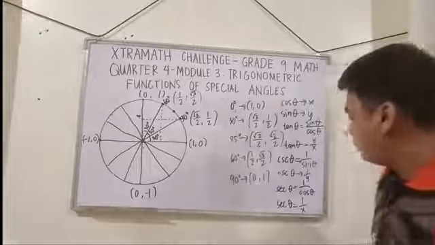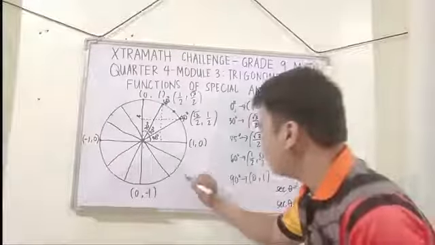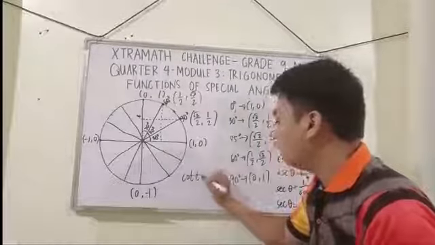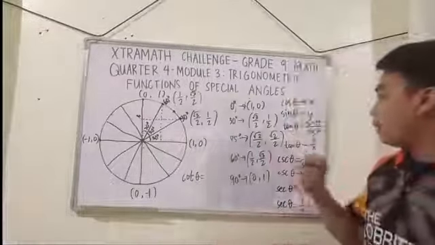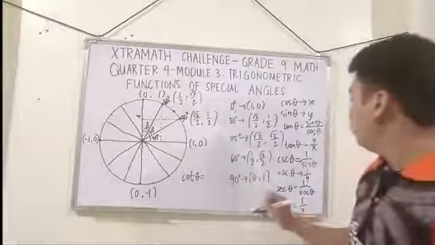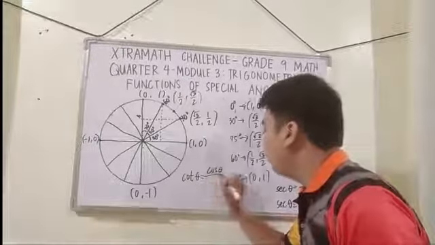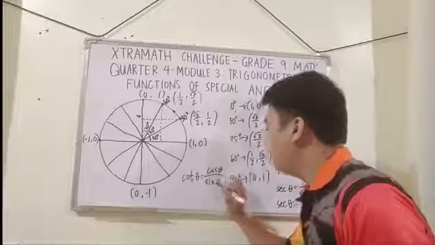And for the last trigonometric function, the cotangent theta. The cotangent theta is the reciprocal of the tangent, or that is equal to cosine theta over sine theta.